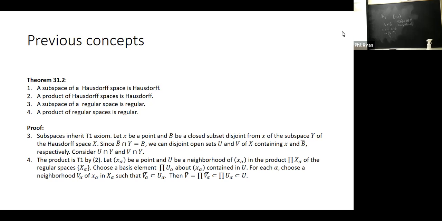Okay, so now say we've got a point x and a closed subset B of Y disjoint from x. Since, oh, that should have been regular space there. Since the closure of B in X, when we intersect it with Y, we get B, right? Because B is a closed subset.